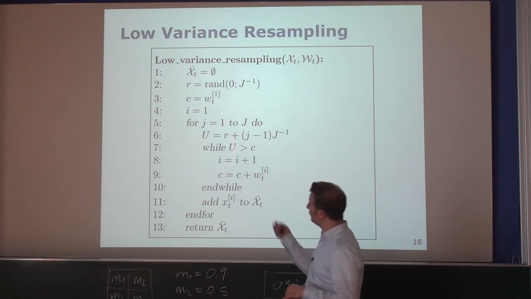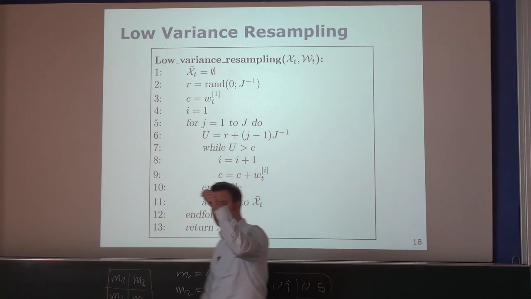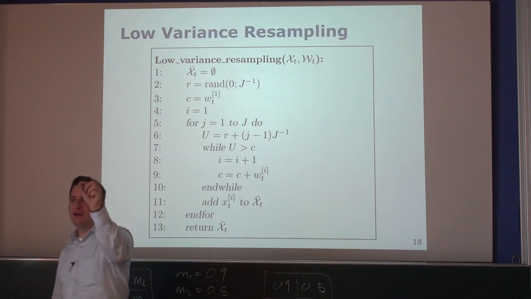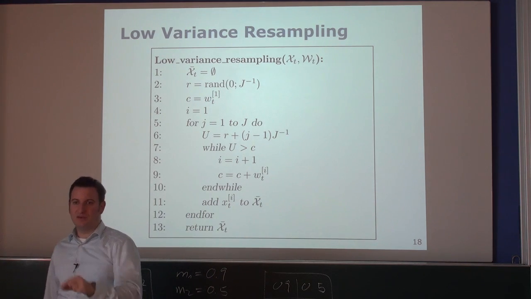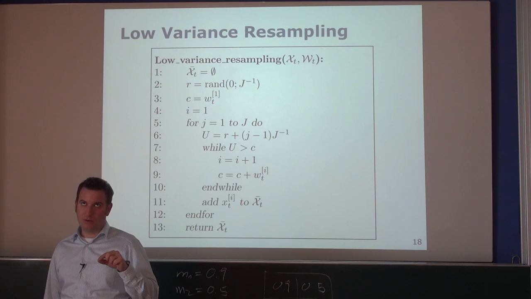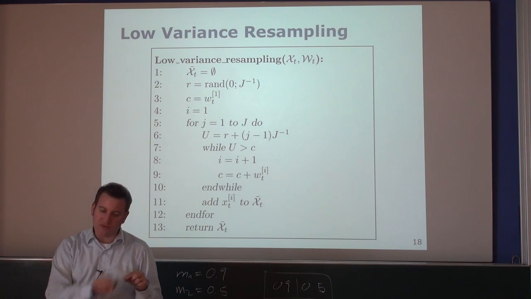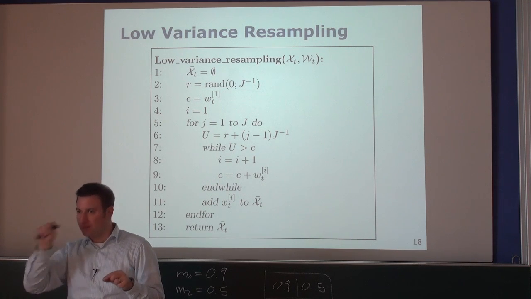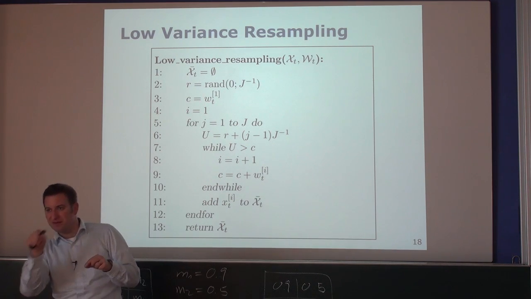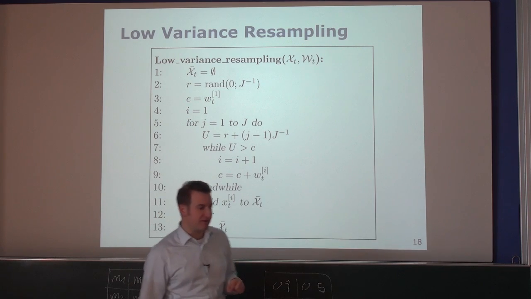So what the approach in the end does is it just draws one random number as the starting point, and then iterates, adds to the cumulative weight 1 divided by n, kind of jumps always 1 divided by n through the roulette wheel, and always takes the sample which corresponds to the corresponding bucket.